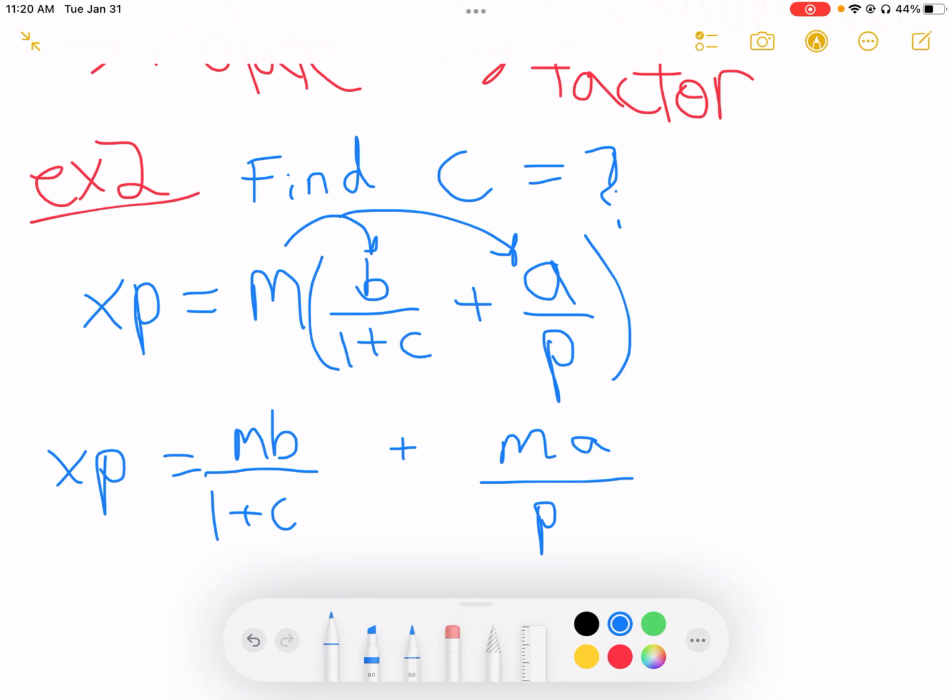What is the LCD here? A simple way to think of it is multiplying by all the denominators together. The denominator of XP is just 1, this one's 1 plus C, and then we have P. So our LCD is going to be P times 1 plus C.